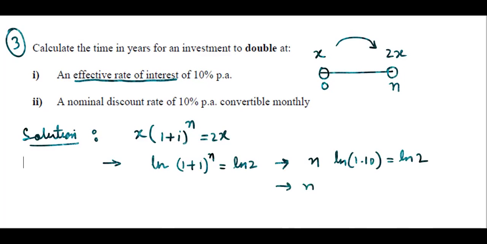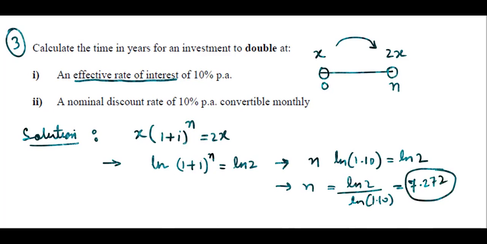Then to find n, you divide ln 2 divided by ln 1.10. And if you know that bank is giving you 10% per annum interest, it's quite high though. It doesn't matter. It's a question. It will take around 7 years. 7.272 years. This much time it will take to get double amount.